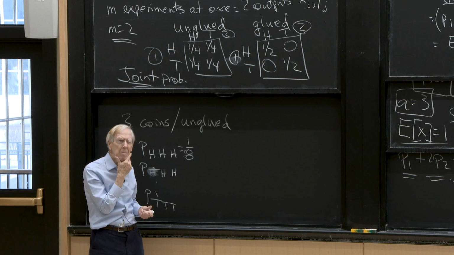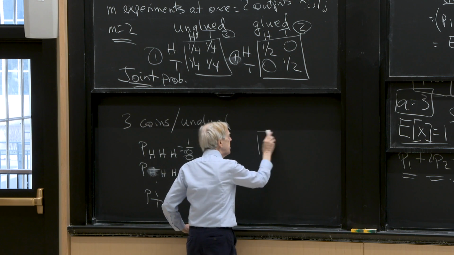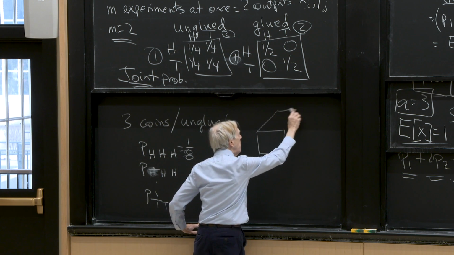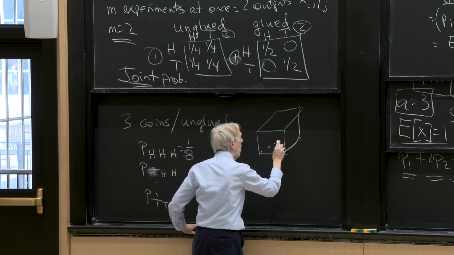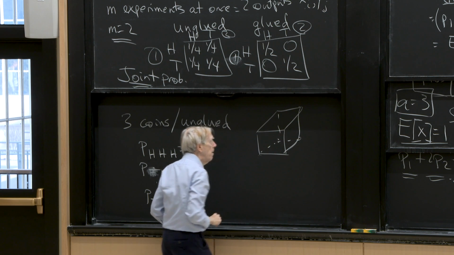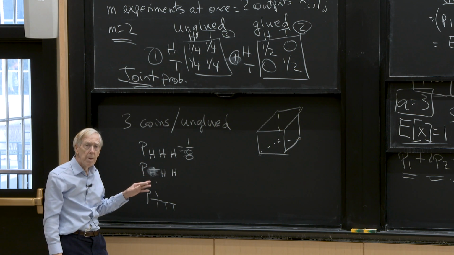Layers, somebody might say layers for that. You see that the matrix has become a 3-way thing, a tensor.